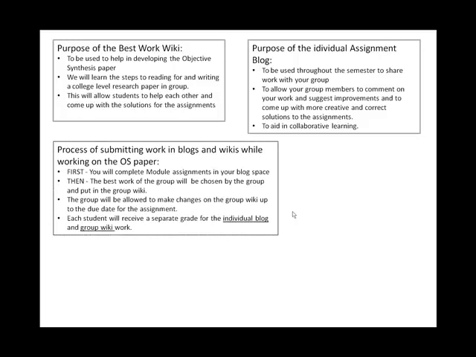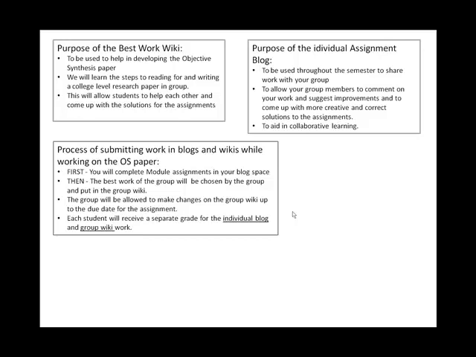The process of submitting your work in the blogs and the wikis, and this is especially going to be important while you're developing the OS or objective synthesis paper, is first you're going to complete the module assignment and then paste that assignment into your blog space for each module. So each module is going to have one blog.